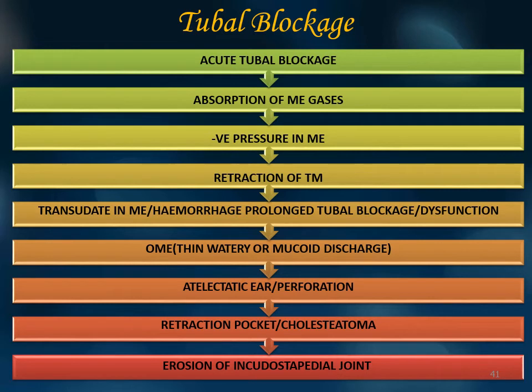Due to retraction, the mucus cells or mucus glands in the middle ear secrete some fluid that is called transudate, or sometimes you may have a hemorrhage also due to prolonged tubal block. This transudate, the thin watery fluid, you call it otitis media with effusion.